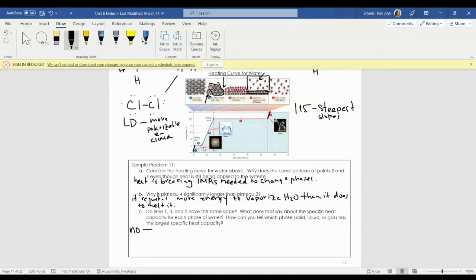So here, if heat is on my x-axis, I have to input more heat to raise the temperature a certain amount, okay? So 1 and 5 have the steepest slopes, and because it takes less energy to raise the temperature of those phases of matter, this must mean that their specific heats are much smaller. So we're going to say lines 1 and 5, I'm sorry, are the steepest.